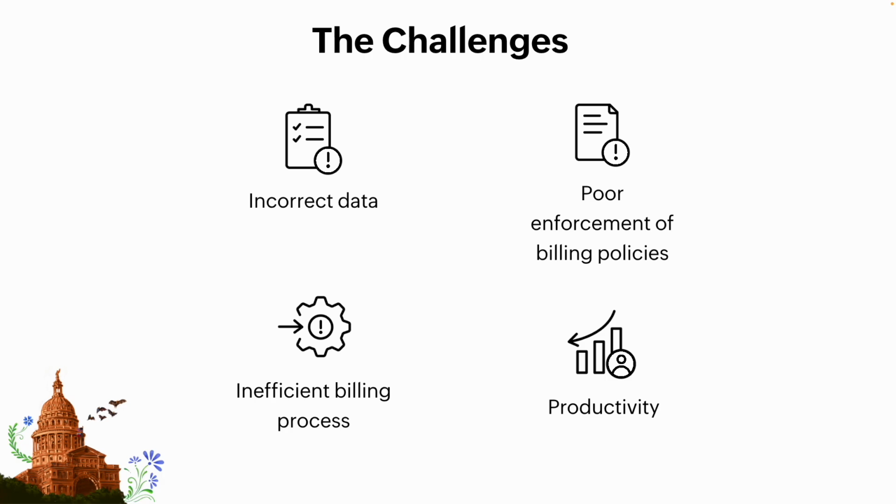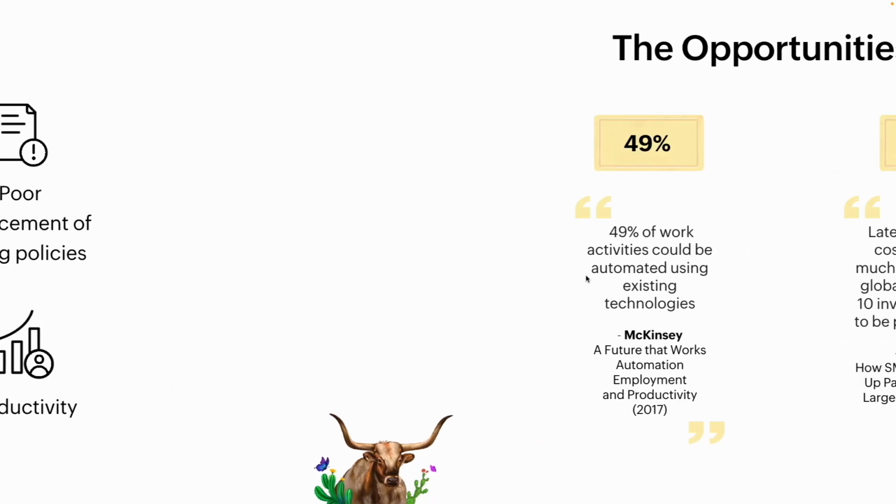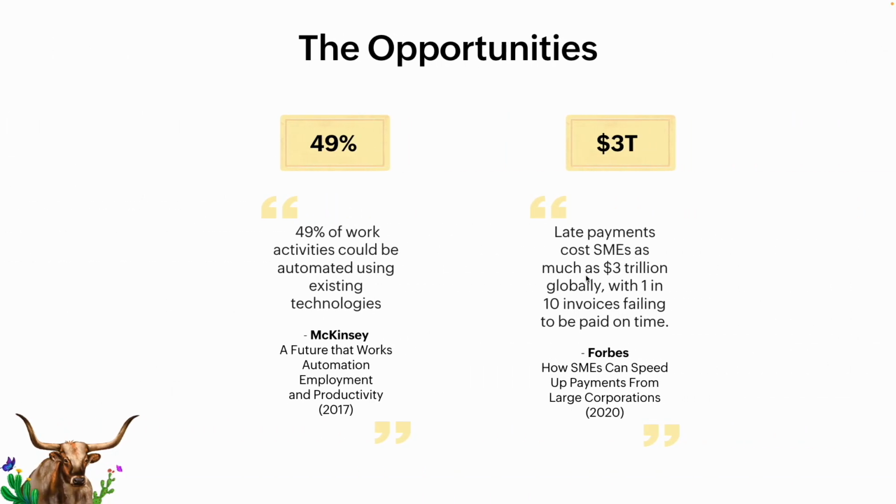With all these practices that we are going to follow, there is a huge opportunity here. The mundane work that you have in your billing processes can be automated. A study by McKinsey says that 49% of business activities can be automated using business systems like Zoho.